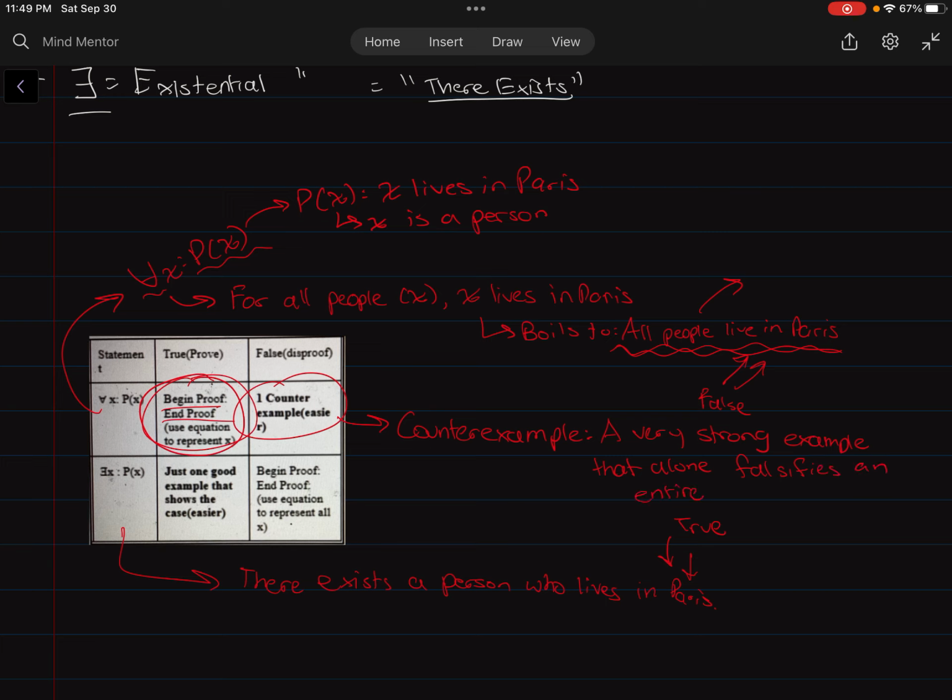So, if we wanted to prove this statement to be false, we would just need to find a single person who doesn't live in Paris, and we could prove it false, right? So, very easy.